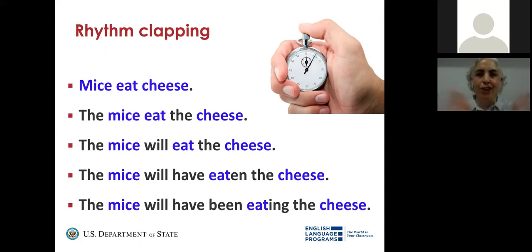Mice eat cheese. The mice eat the cheese. Mice will eat the cheese. The mice will have eaten the cheese. The mice will have been eating the cheese, especially by the end. But it's a good way to practice stress timing in English. And it really adds a natural rhythm to your spoken English.